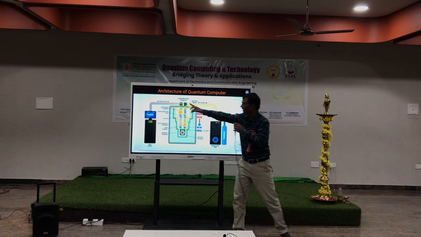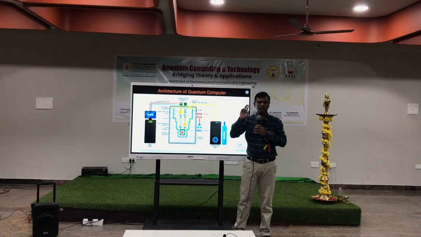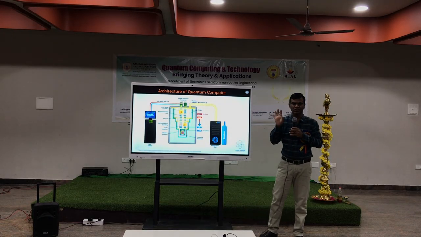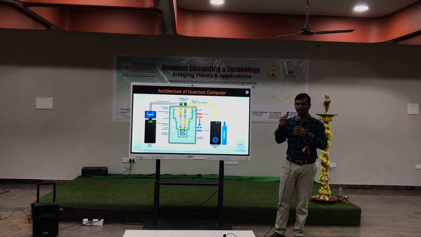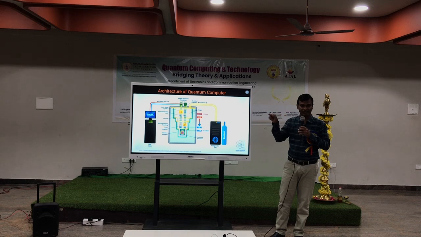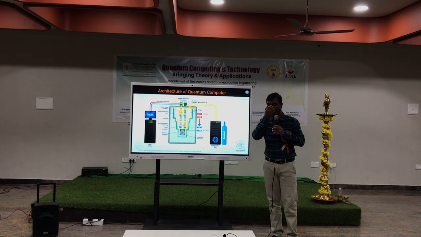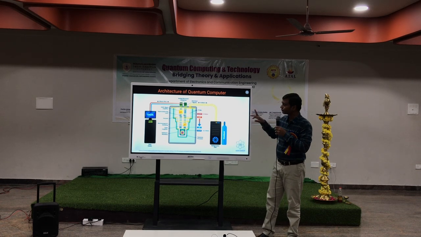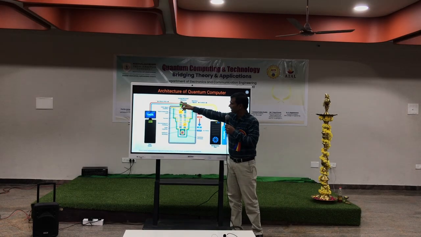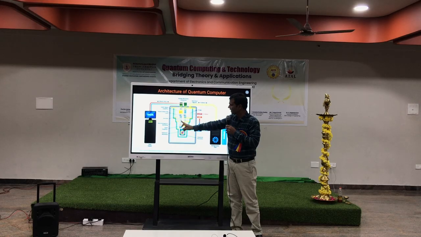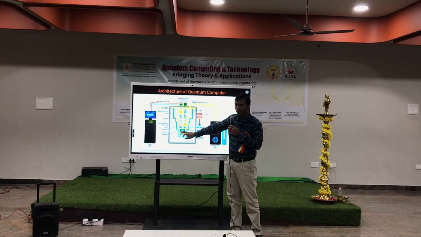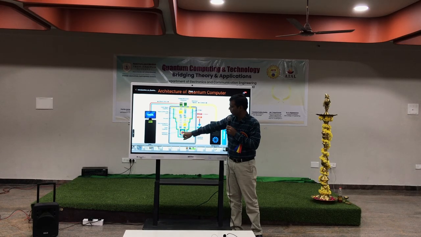This is the main area. If time permits, I will show you the different types of errors that we have in this quantum computer. Once encoding happens, it will be sent to various components, and this is the place where the RAM or quantum processor is.